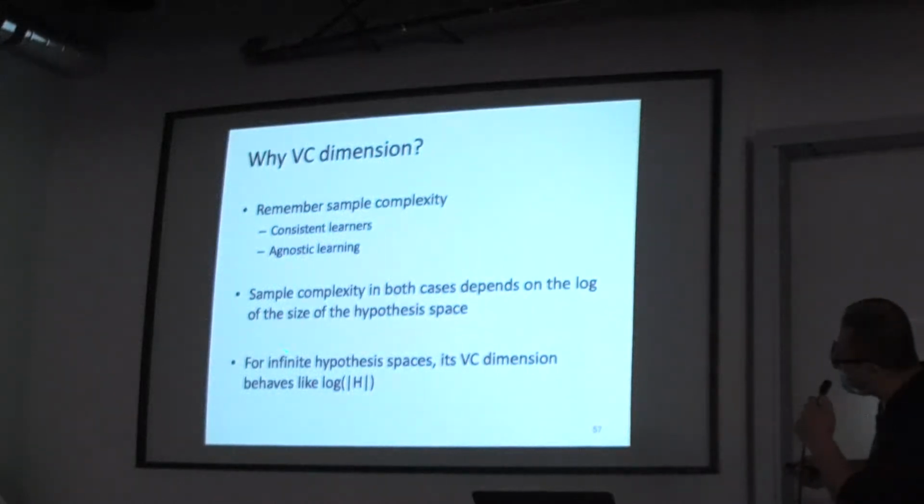And for infinite hypothesis spaces, you can view VC dimension as behaving like the log size of the hypothesis space we used before. So you can view it as a counterpart when your hypothesis space is infinite.